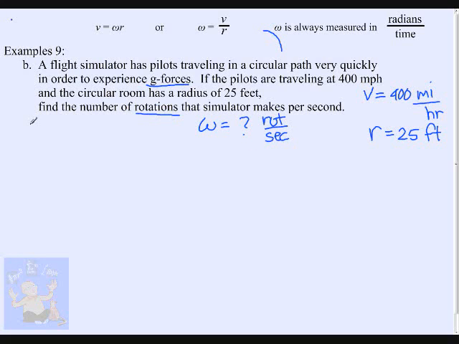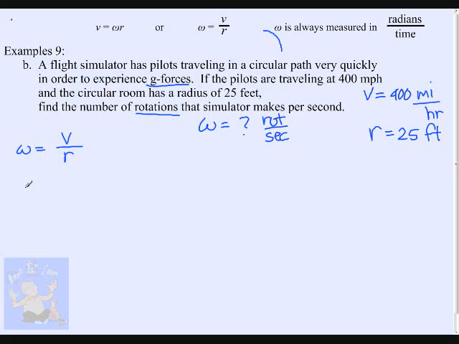Well, let's analyze this. For what I'm starting with, I'm going to have to do an interim, aren't I? I'm going to have omega, which is linear velocity divided by radius.